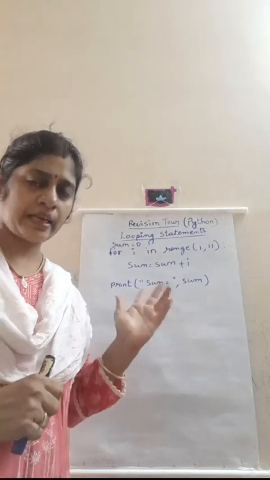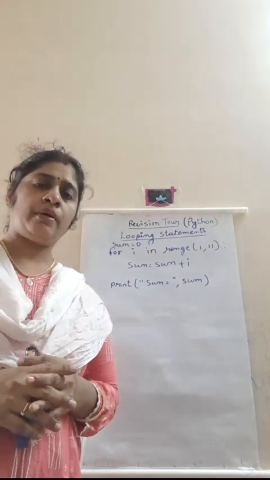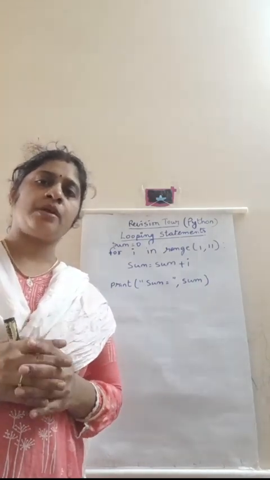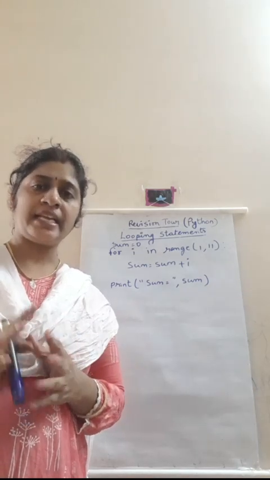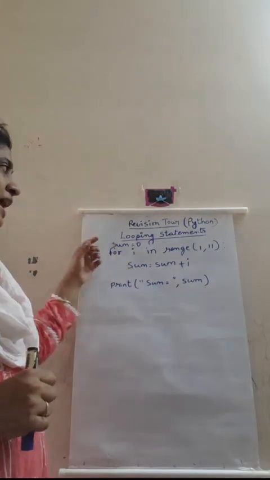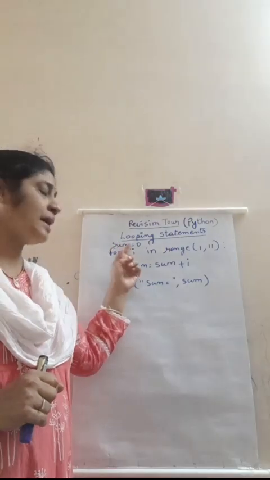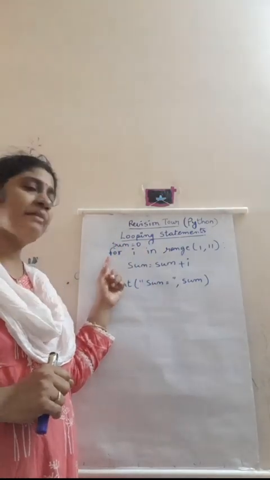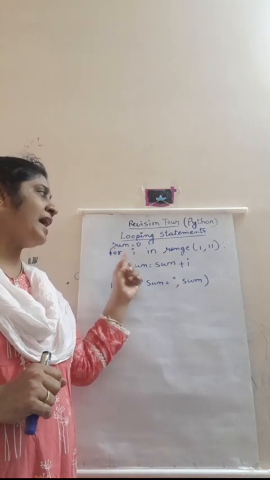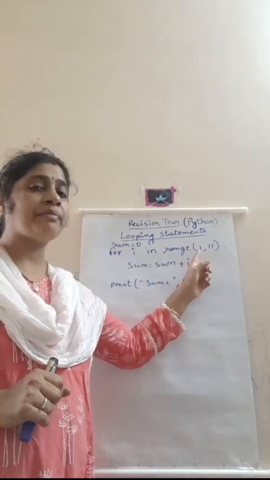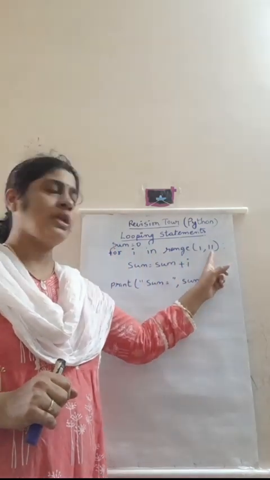Now I have written a program to perform the sum of the first 10 natural numbers. I have just defined a variable sum equal to 0, and I am running the loop for I in range, starting from number 1 to 11.